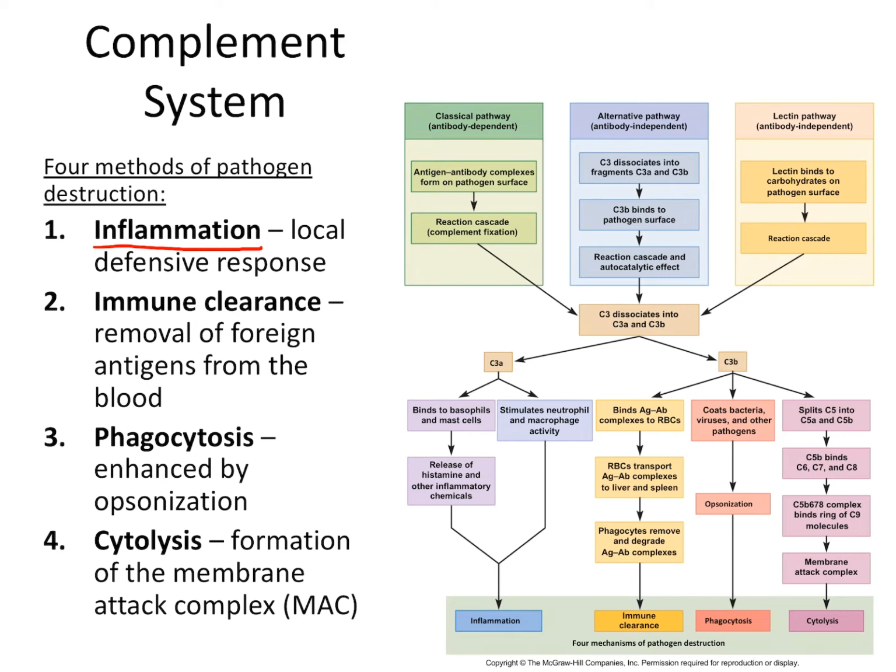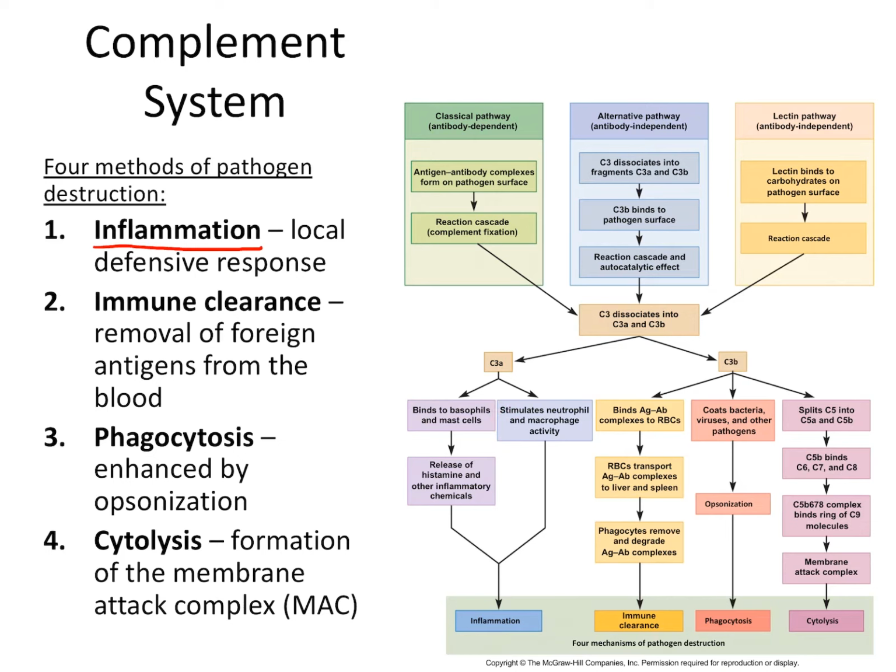Now, that could just be a physical injury or a breach by microorganisms. But ultimately, we'll see that complement is going to stimulate inflammation by triggering the release of inflammatory chemicals such as histamine, and also stimulating the activity of neutrophils and macrophages.